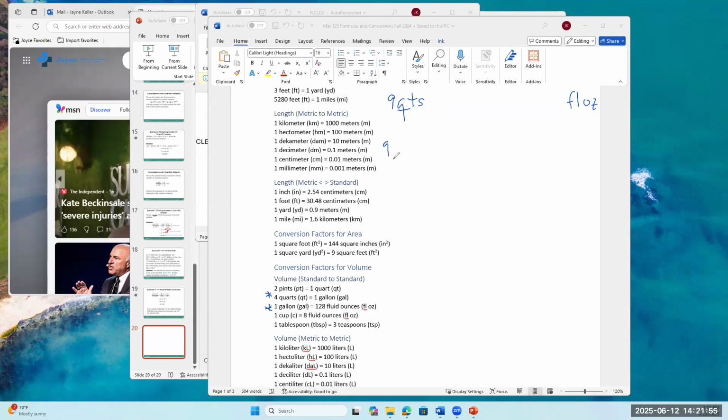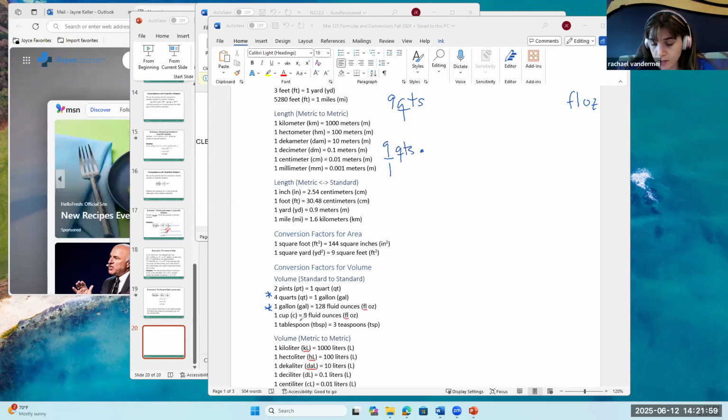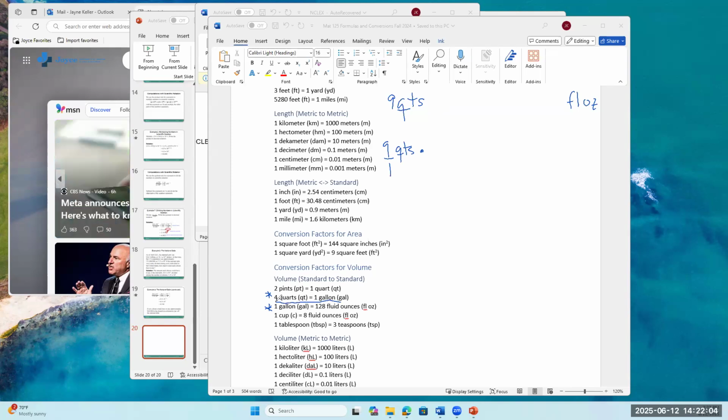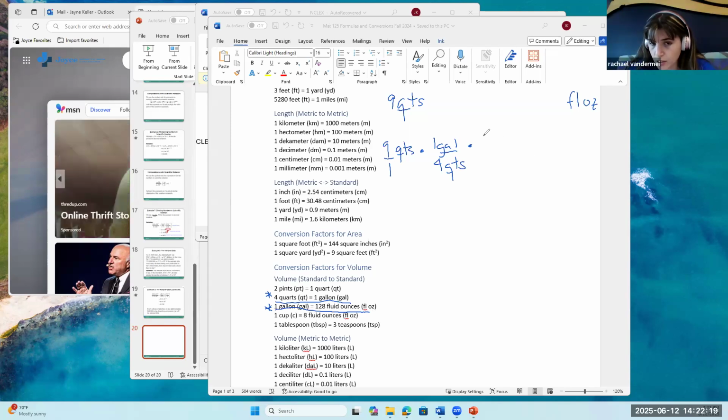So I have 9/1 quarts. And then I'm going to multiply by the unit multiplier using these two. I would want to convert, so 1 gallon over 4 quarts. And then I'm going to use this one, 128 fluid ounces over 1 gallon.